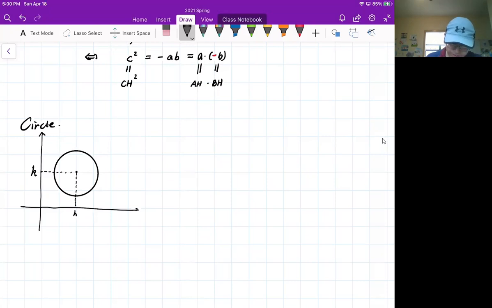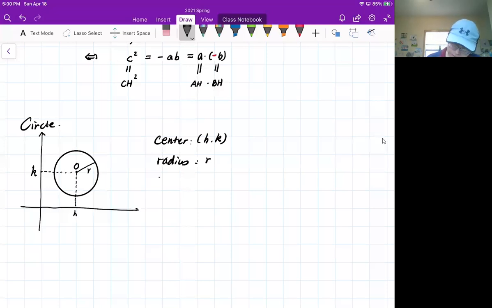So I got the point (h, k), right? This is the center. Let me call O the center. And the radius, let me use r. So I give you the center (h, k) and the radius r.